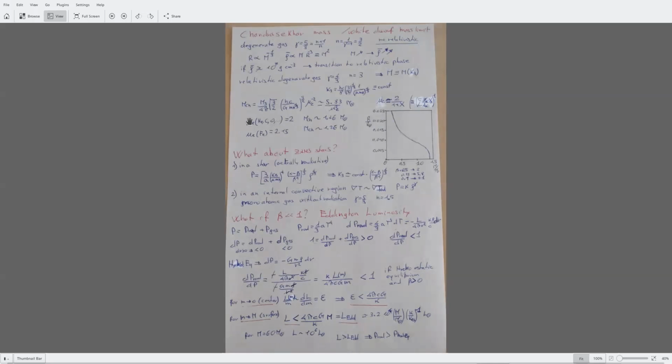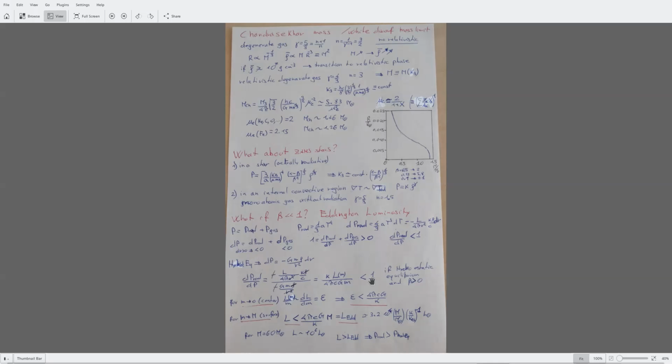We found using polytropes that there is a Chandrasekhar mass, a mass limit for a relativistic degenerate core or object. It's not possible to have mass above a certain value.